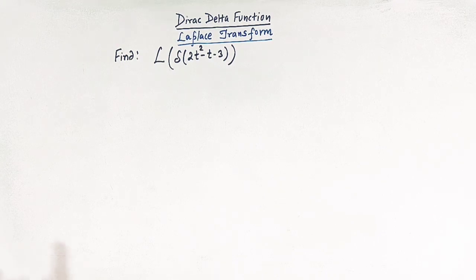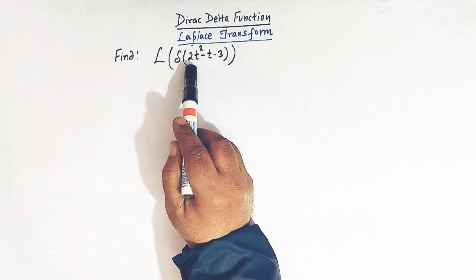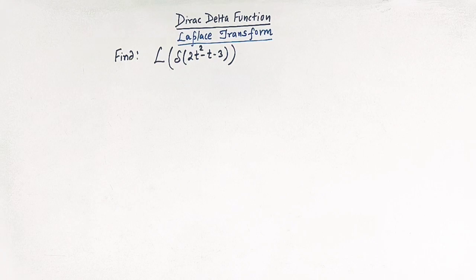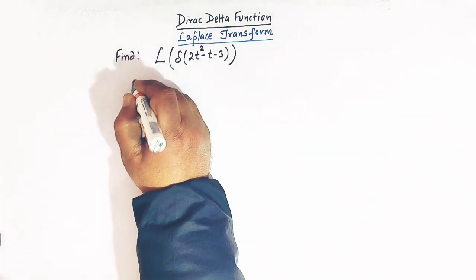Let us see how we can find the Laplace transform of delta of this quadratic function using the properties of Laplace transforms and Dirac delta function. First, let us define the Laplace transform of a function f(t).